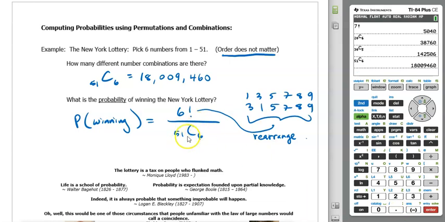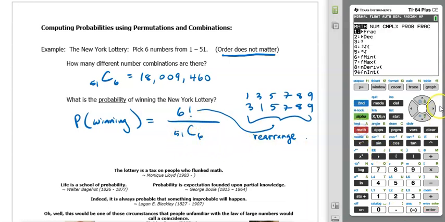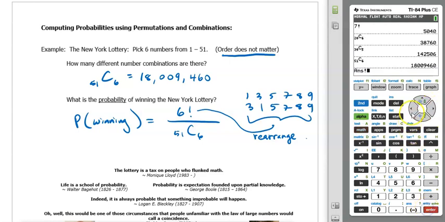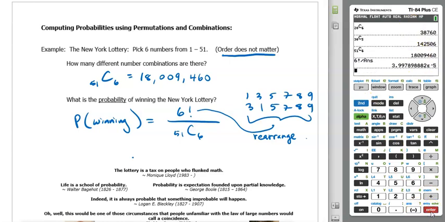So why don't we give it a shot? We're going to take 6 factorial, and I meant to put a 6 in front of this one, 6 factorial, and then divided by the answer that we just got. It's still very improbable, but we're getting an answer like 3.99.